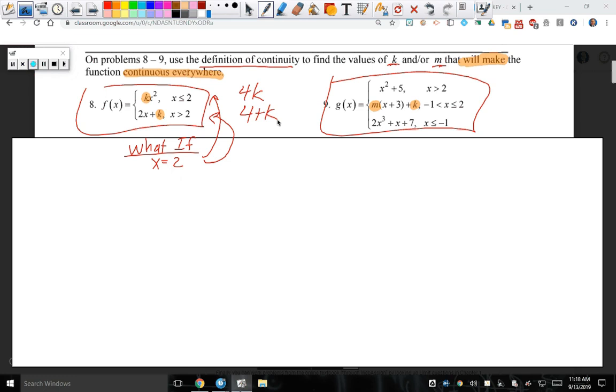The limits must approach the same value. Thus, 4k must equal 4 plus k. So now that I solve this as a regular Algebra 1 problem, I get 3k is equal to 4, so k is equal to 4/3. You at least know what the answer is, but that's only one of 8 or 9 points.